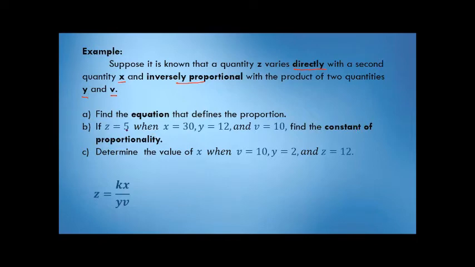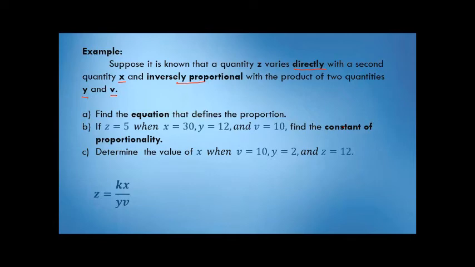Dapat may given tayo value ng bawat variable or bawat quantity. So sabi, if Z is equals to 5, when X is equals to 30, Y is equals to 12, and V is equals to 10, ano daw yung constant of proportionality?